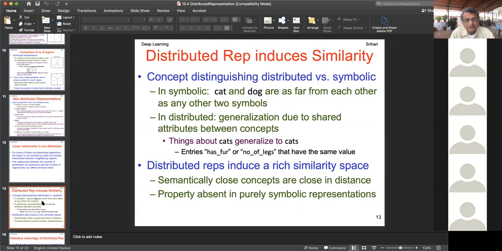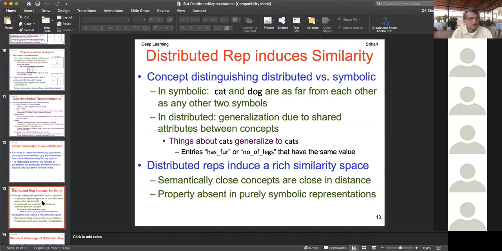In a distributed representation, there is a generalization due to shared attributes between concepts. So things about cats generalize to dogs, right? So an entry like has fur or number of legs would have the same value.